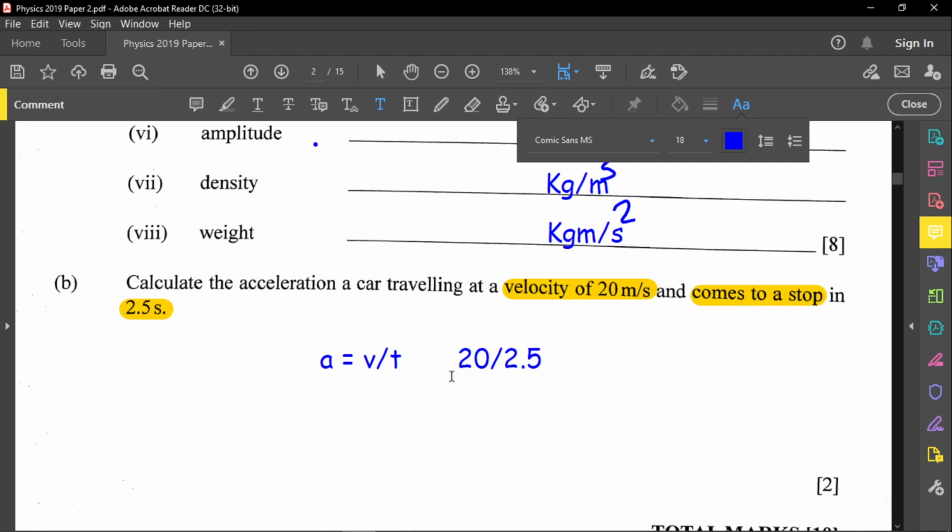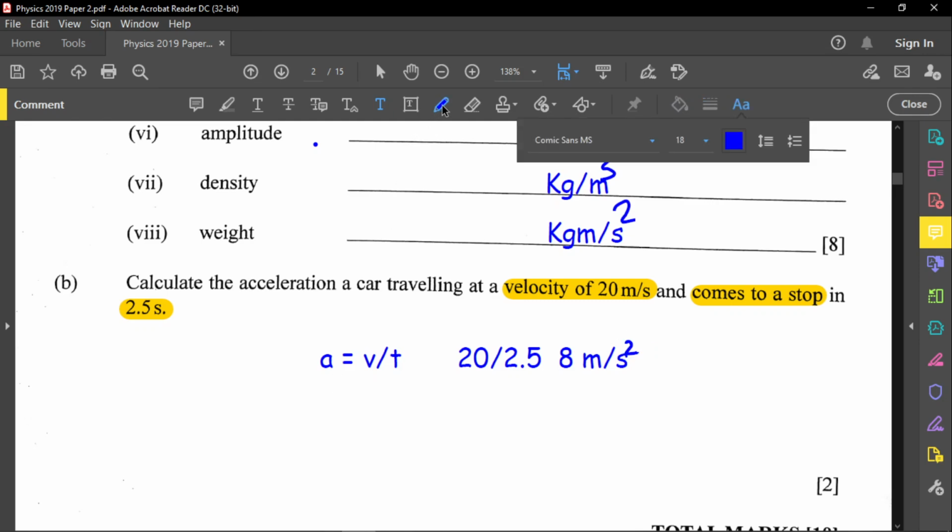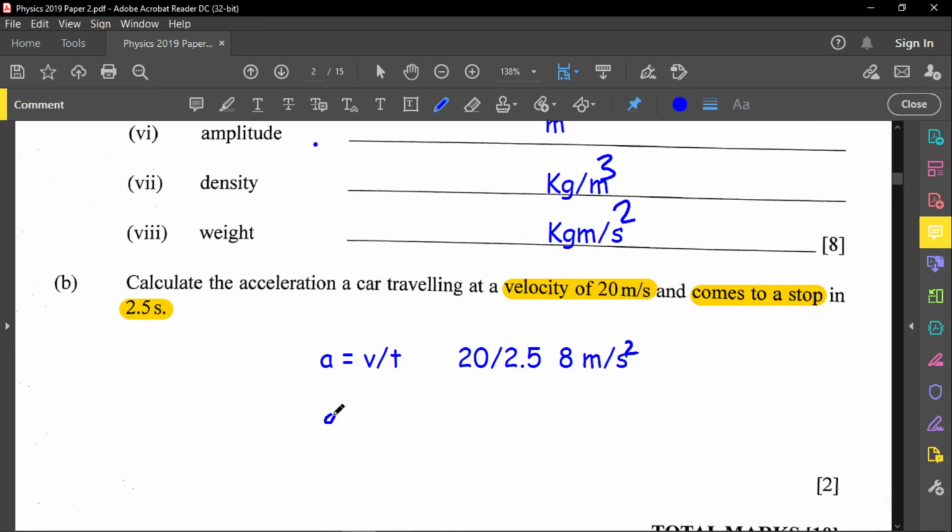And so this gives us 8 meters per second squared. So let's put our squared symbol there. But what is important here is that we need to remember the car was what? Coming to a stop.